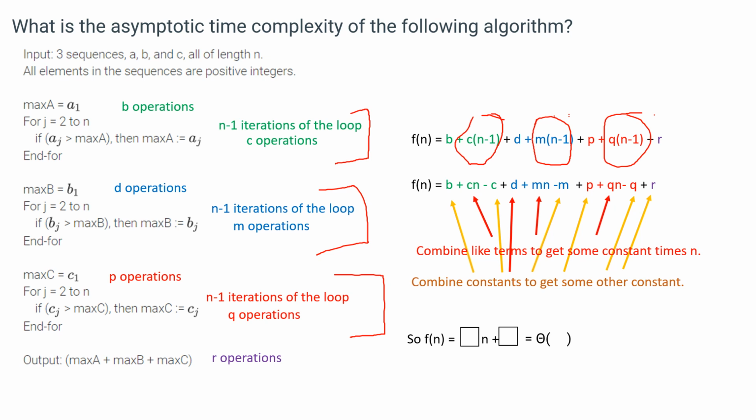So if that's the time complexity, what's the asymptotic time complexity? That's going to just be theta of n, because there's an n with some constant in front, and again, this just shows we don't really care what that constant is. And then a constant by itself ends up disappearing. So we would say that is the asymptotic time complexity of this algorithm.